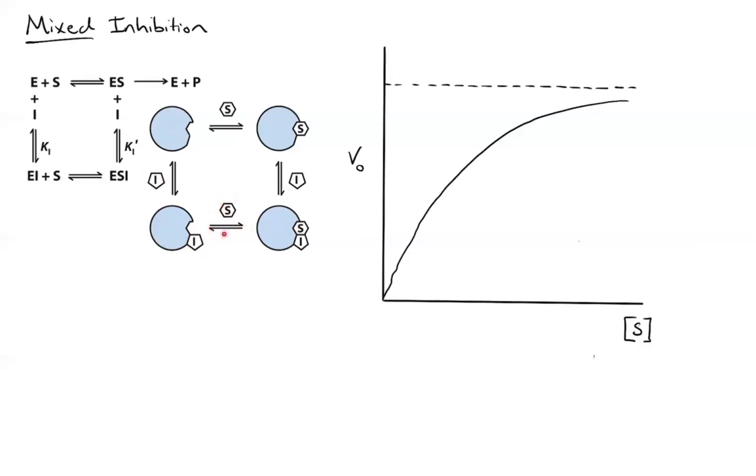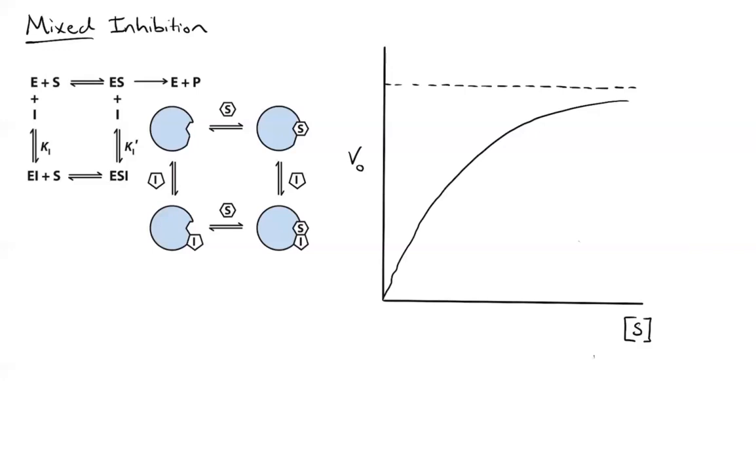So the equilibrium here is not going to be the same as the equilibrium that we're drawing for just the substrate alone binding to an empty enzyme active site. So mixed inhibitors affect substrate binding, but they also affect catalysis. And something about the Km is going to change. We can talk about the different scenarios there.